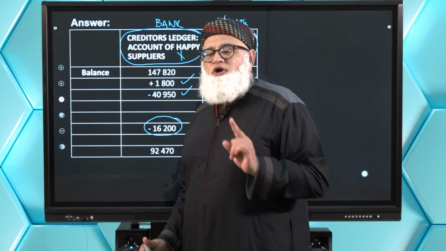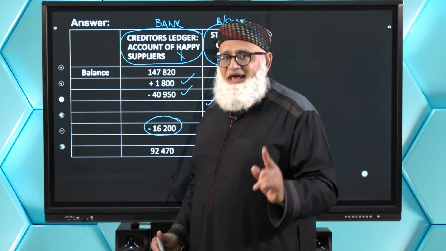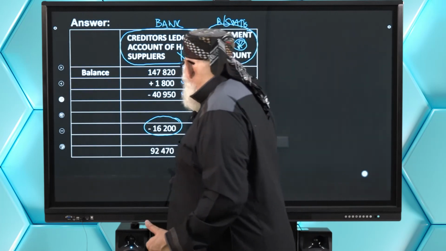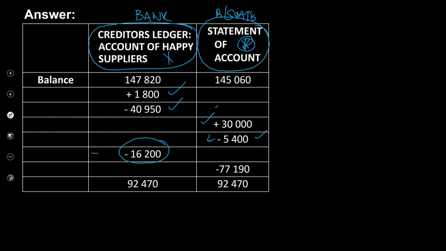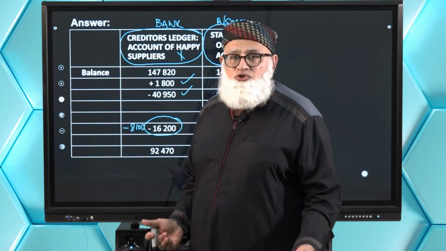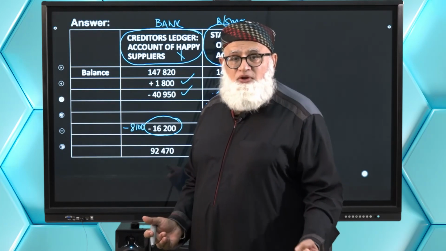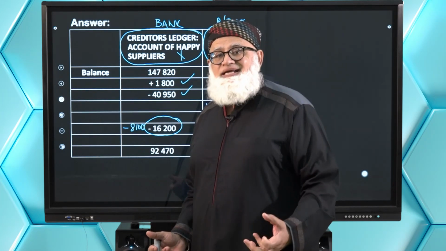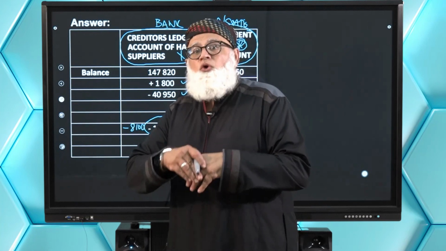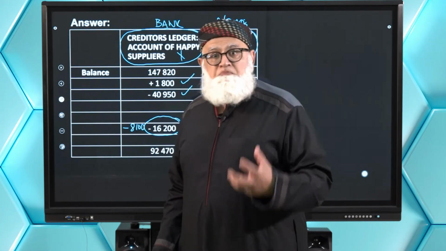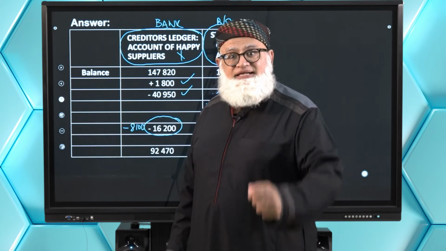If you only correct the error, and the error was 8,100, and if you say minus 8,100 there, then you are only cancelling the error out. You see that? Because it was recorded in our books as if we had bought goods, but it in fact was a return of goods.